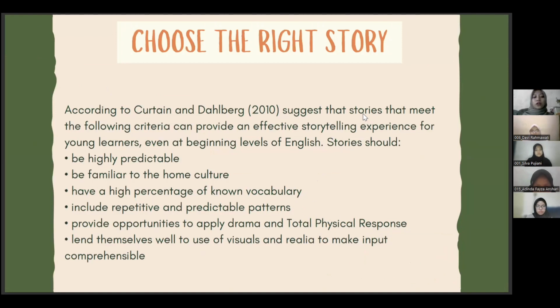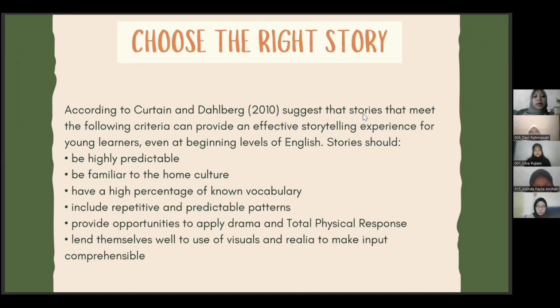As you develop your storytelling skills, consider the following points. Choose the right story. The first step to successful storytelling is choosing the right story. Kurtzine and Dahlberg, 2010, suggest that stories that meet the following criteria provide an effective storytelling experience for young learners, even at beginning levels of English.